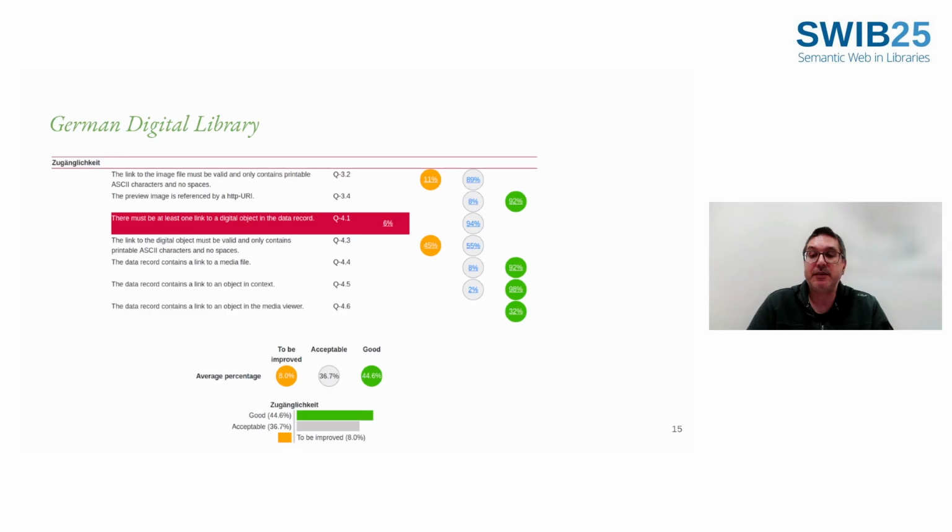Gray means not applicable. So it is applied when the data element we would like to check or validate is not available, for example, when it's an optional element.